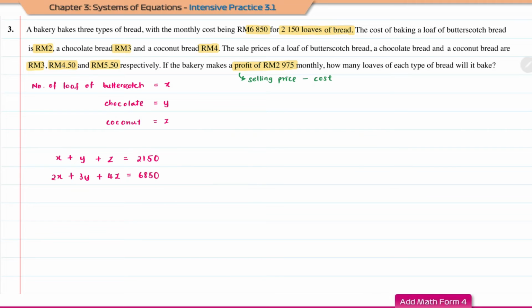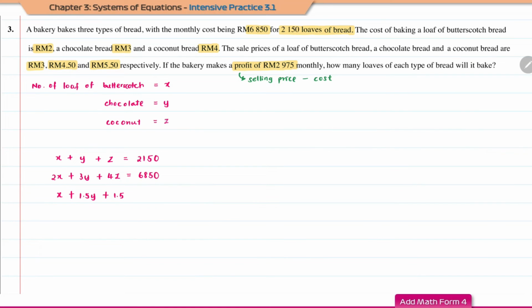So therefore, the profit for the butterscotch is going to be 1 times x. And then the profit for the chocolate bread is 4.5 minus 3, which is 1.5. Then we're going to multiply it with the number of loaves, which is y. And then plus 5.5 minus 4, which is 1.5 as well.